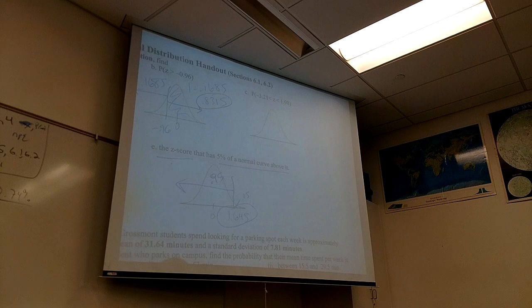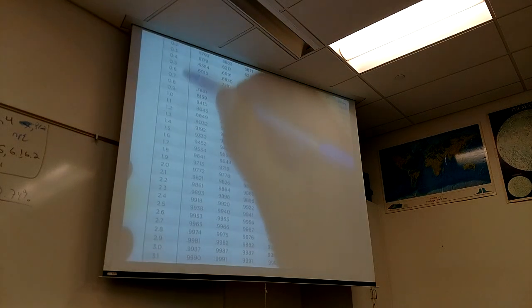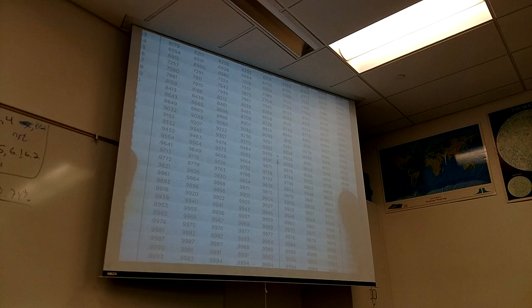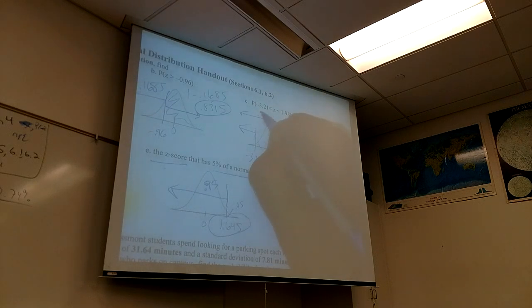All right, now this one. Negative 3.21 is way down there. 1.98 is somewhere up that way. And I want the area between the two. So if you look up 1.98, what area do you get? 0.9761.